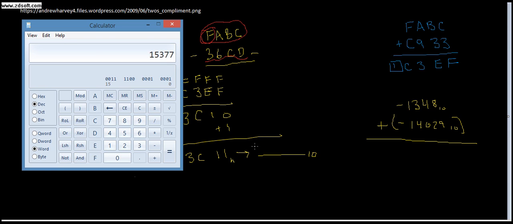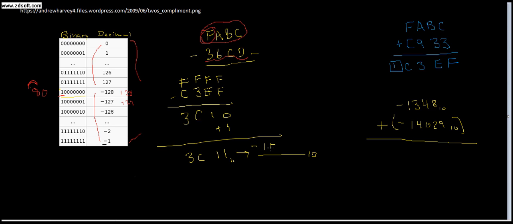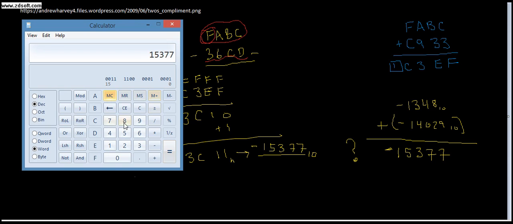So it's going to be negative, right? I feel like there should have been a different number there. 15377, yeah. Okay. So is it true? Is the question that we ask. So is it negative 15377?